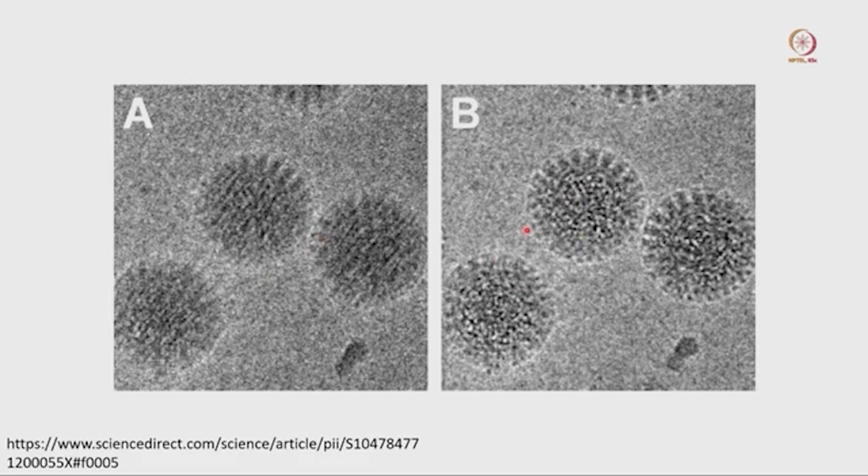You can see the difference between these two virus particles and images, and that is basically good enough to tell us that there is a thermal motion or drift when the electron beam is going through the sample, and if we correct the drift, it will really improve our 2D images, and if the 2D images are improved, that is going to reflect in our 3D reconstruction.